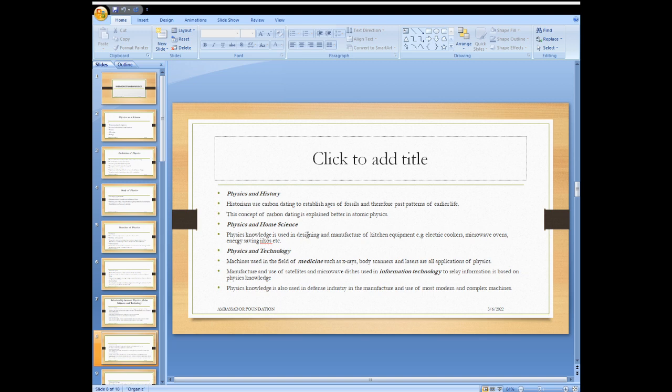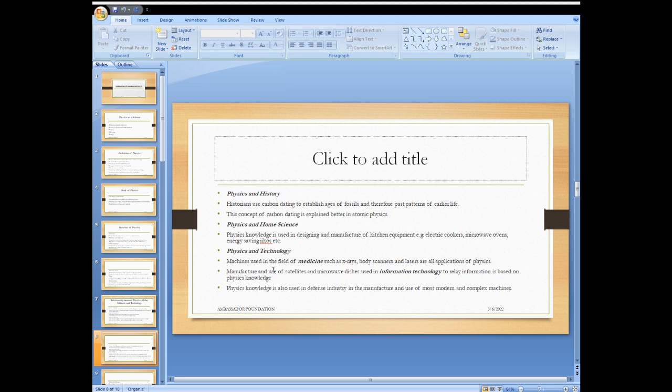Physics knowledge is used in designing and manufacture of kitchen equipment such as electric cookers, microwave ovens, energy saving jikos, even the ironing box. Anything that is used in the kitchen has been designed with the knowledge of physics. Now you see how the two subjects relate to each other.